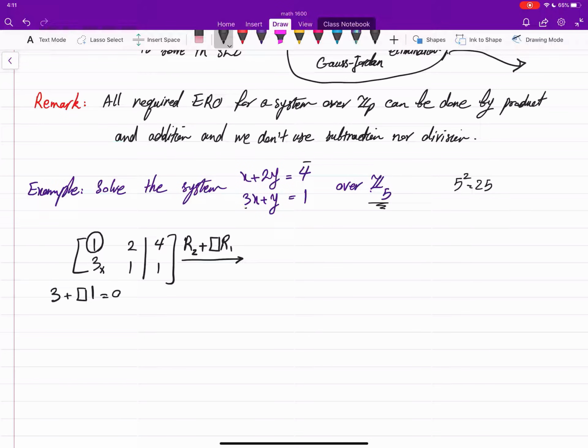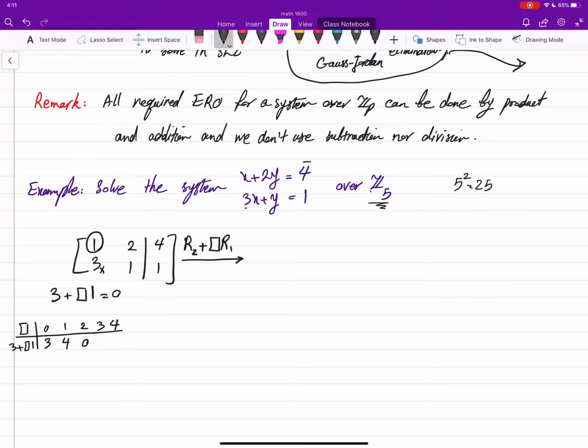How can I solve that? Box has only values 0, 1, 2, 3, or 4. Plugging in: 0 times 1 is 0, plus 3 is 3. 1 times 1 is 1, plus 3 is 4. 2 times 1 is 2, plus 3 is 5, and 5 in Z5 is 0.